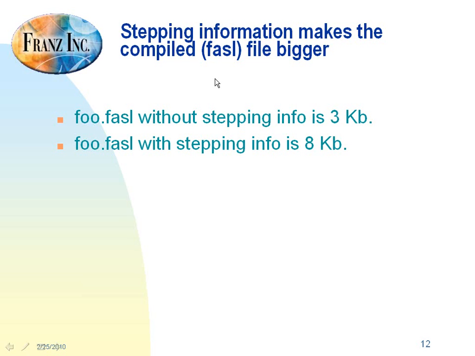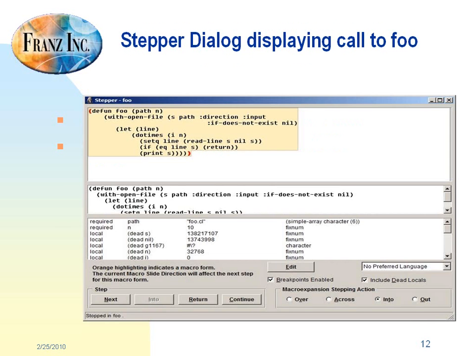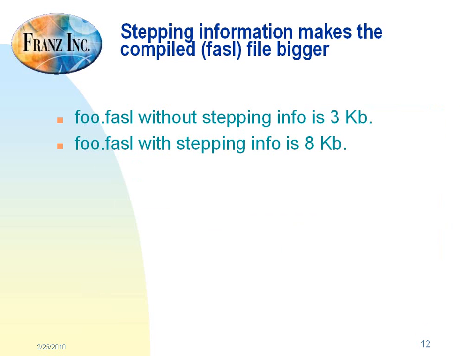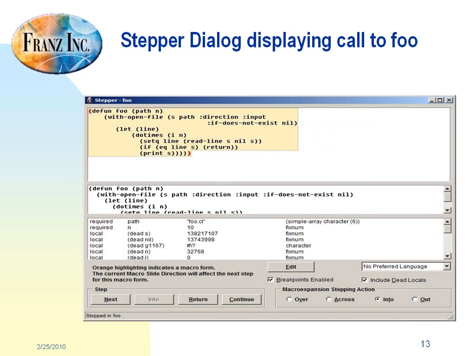You're going to end up with big FASL files, and if you have quite a large file and it has lots of things which the stepper has to annotate, you can end up with a very big file indeed. And so occasionally this can present a problem.